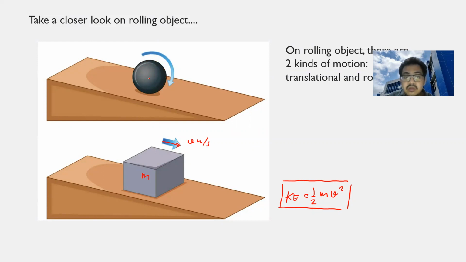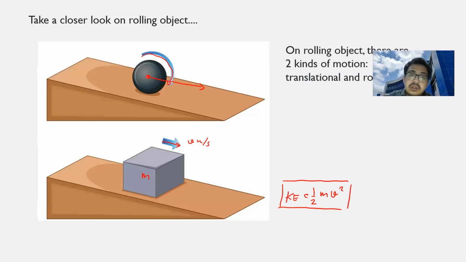So beside the translational motion, which is the linear motion in this direction, it will also have a component of rotational motion, with the axis in the center of the ball or sphere. The direction is here.